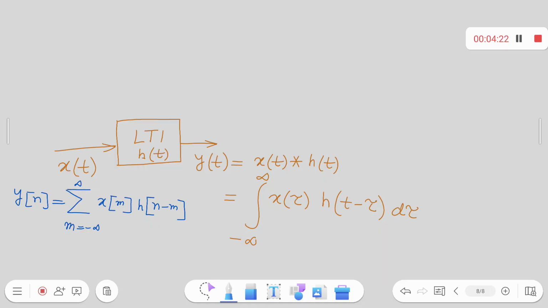I would like to know everything about the system by performing only one experiment. What is that one experiment? Just excite the system with an impulse input, delta t for a continuous time system and delta n for a discrete time system, and find out the response, which we call the impulse response.